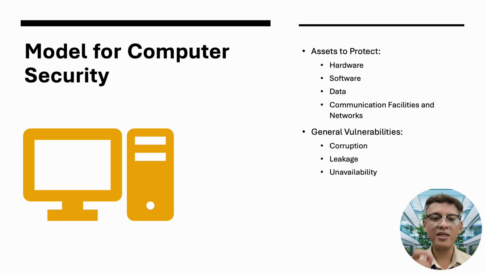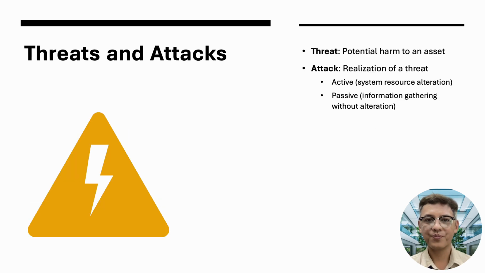Vulnerabilities can lead to three main outcomes: corruption, such as alteration or compromises of integrity; leakage or unauthorized disclosure; and unavailability, which is a disruption or denial of access. Recognizing these vulnerabilities is the first step towards effective protection.